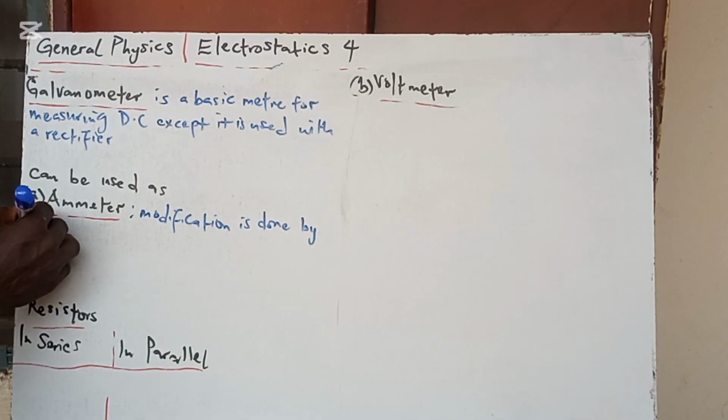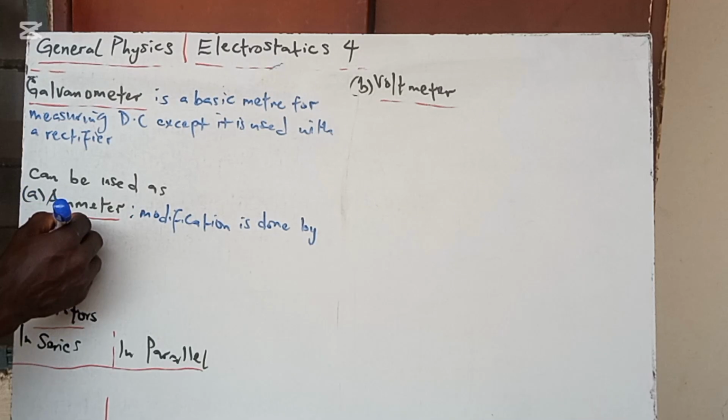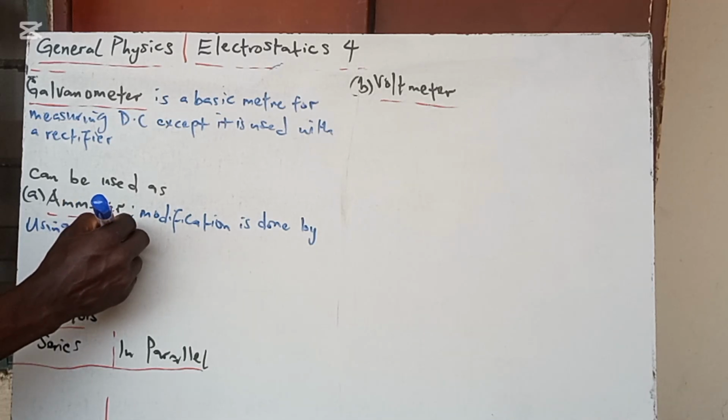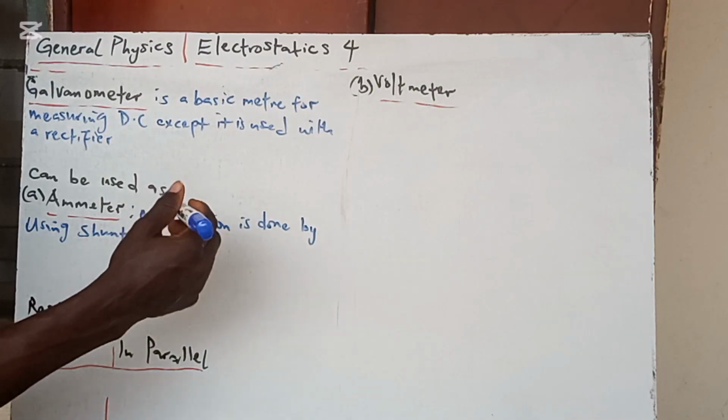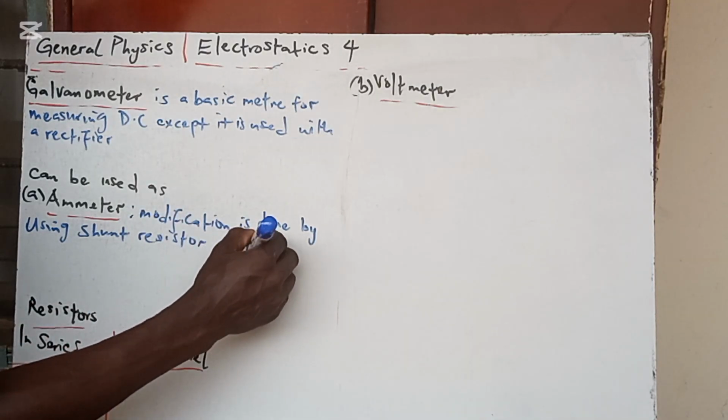And what does shunt resistor mean? It means a low value resistor in parallel.